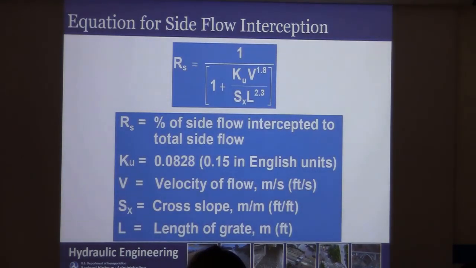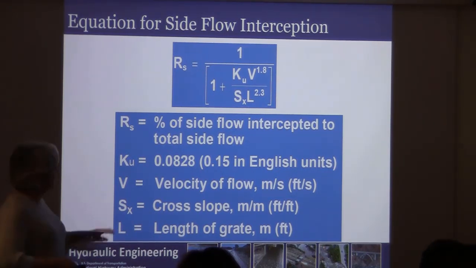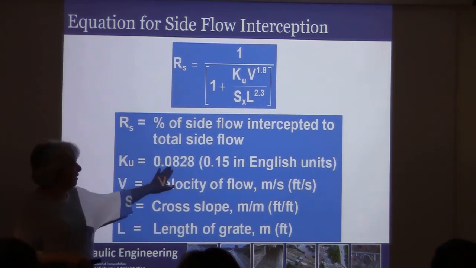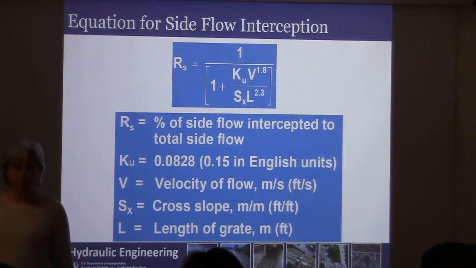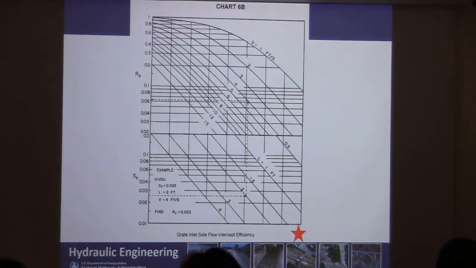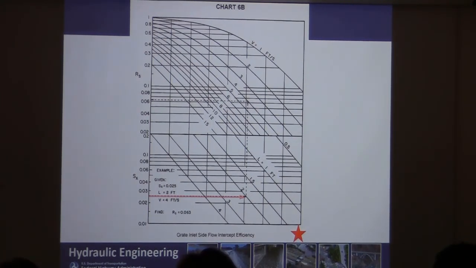Okay, and then for the side slope interception, we have this equation. Do you think we have a chart for this too? You hope so, yeah. Unfortunately, I had to take a picture of this, so I couldn't get rid of this. It is metric. We use 0.15 in English. So for this one, we go to this chart, and I think we start with the cross slope.